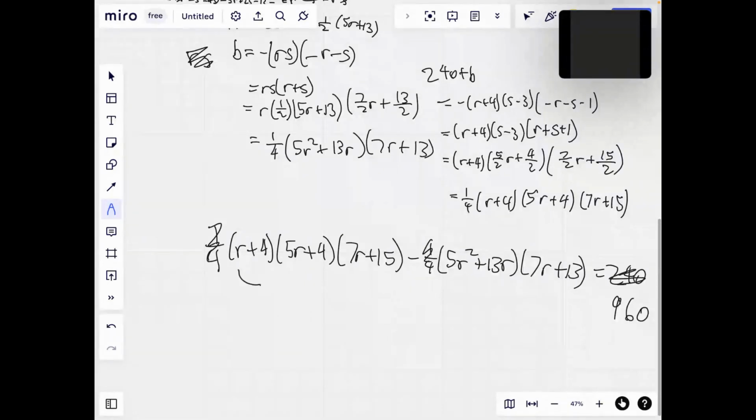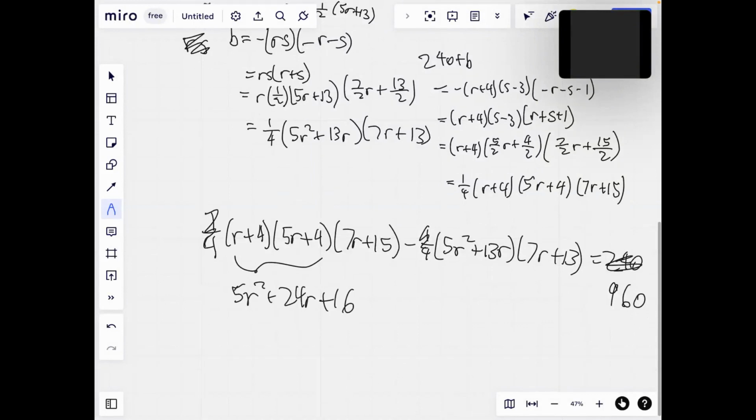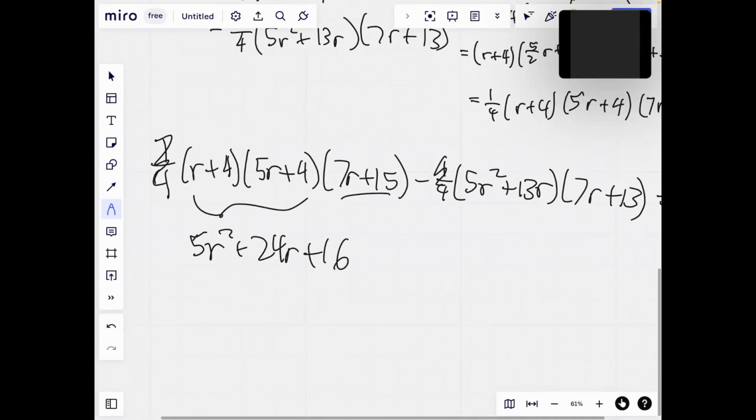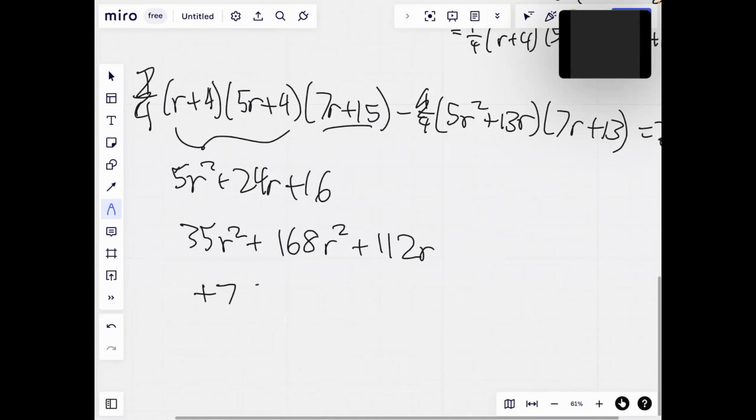And here, we know that this is 5R squared plus 24R plus 16. When we multiply this by 7R plus 15, we have 35R cubed plus 160R squared plus 112R squared plus 75R squared plus 240R, sorry, that should be 360R.